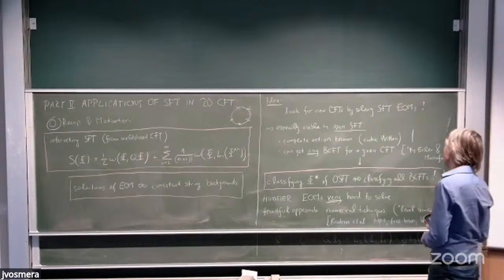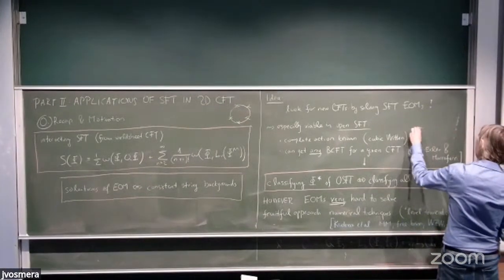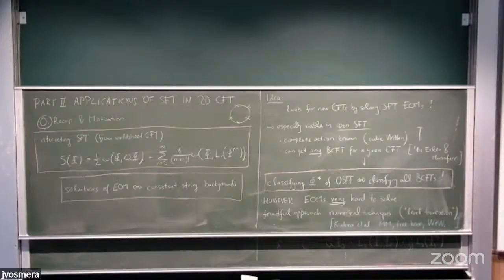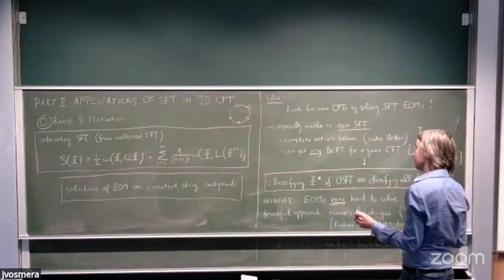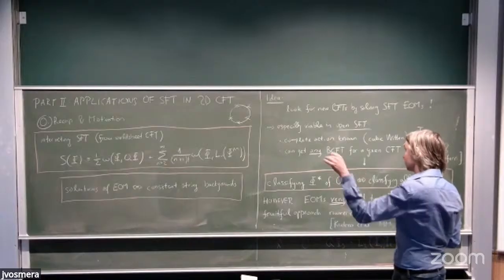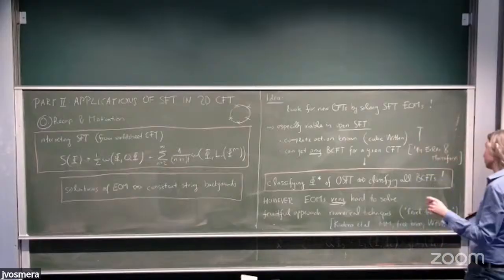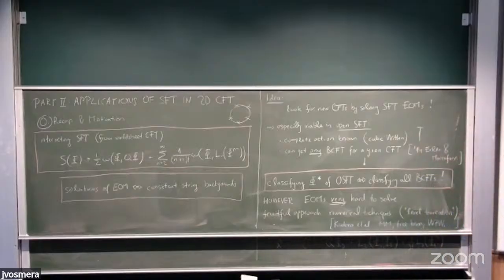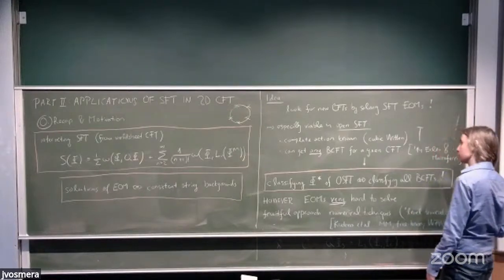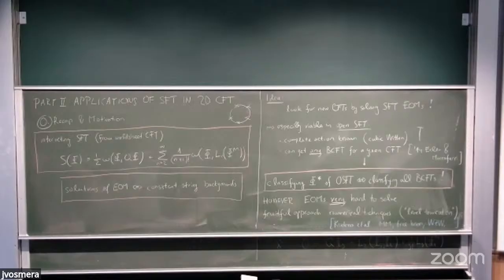And actually, there is a very strong statement which has been proved in 2014 by Erler and Maccaferri that starting from an open string field theory formulated on a fixed D-brane background, so fixing the bulk CFT and some conformally consistent boundary conditions, we can actually find any other consistent boundary conformal field theory for the given fixed bulk CFT by writing down a solution to the equations of motion of string field theory.